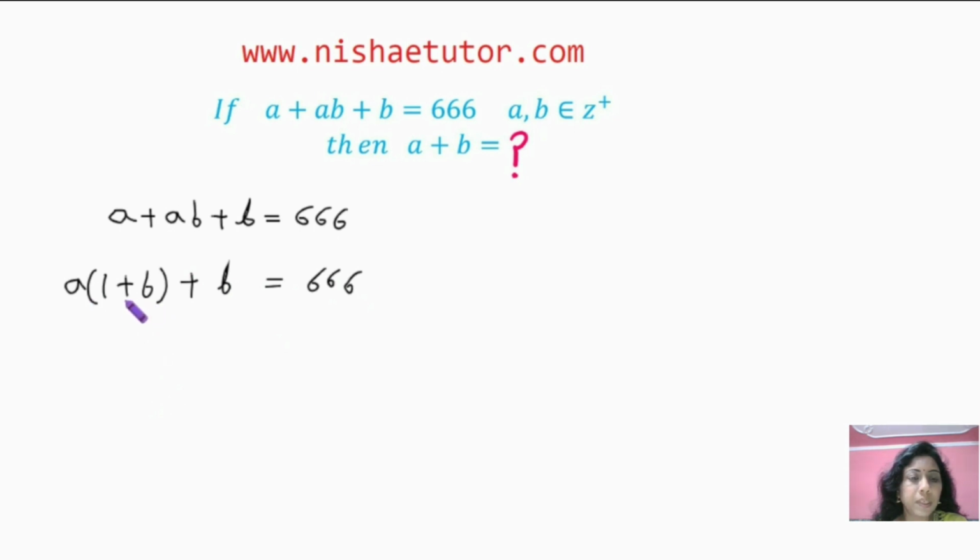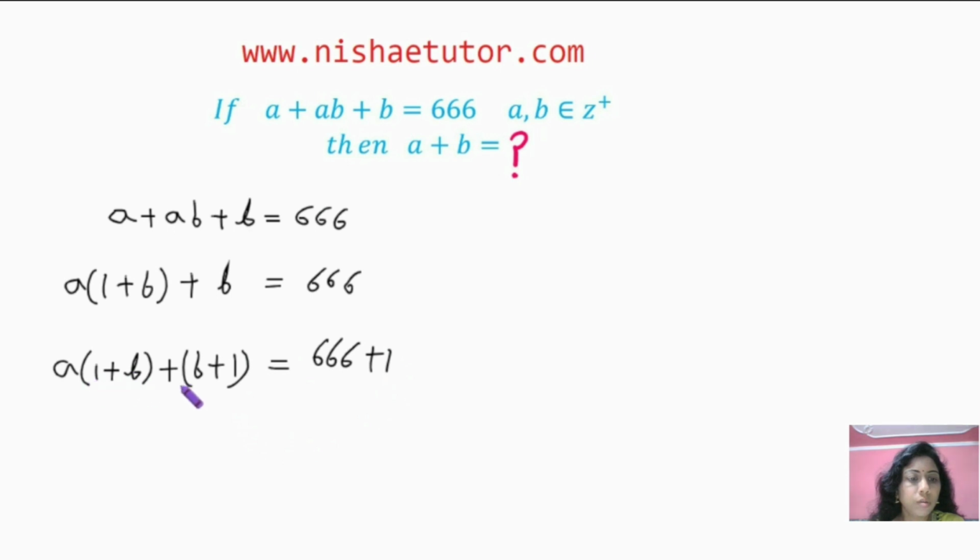Here we have 1 + b, so can we add 1 here? We have to add 1 on both sides. So a(1 + b) + (b + 1) = 666 + 1.